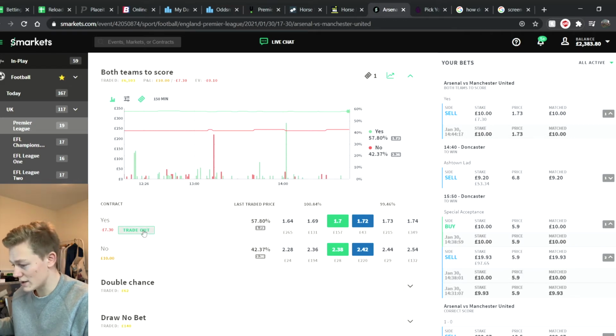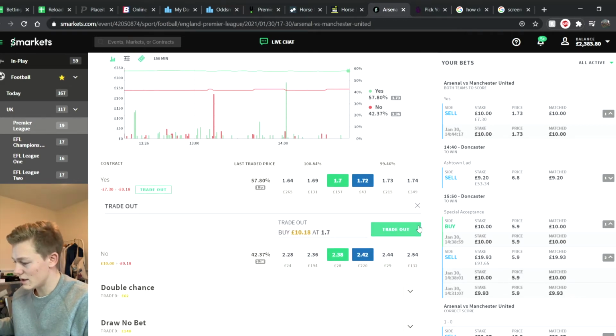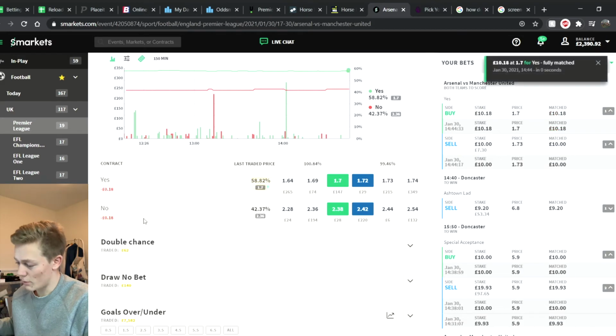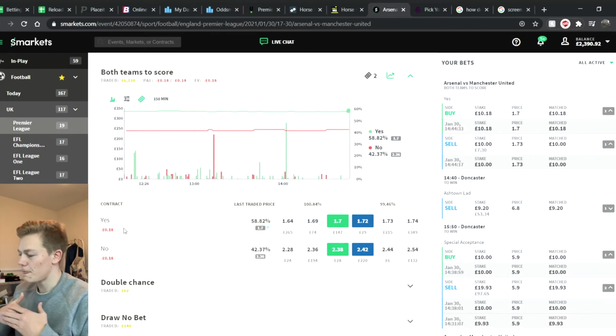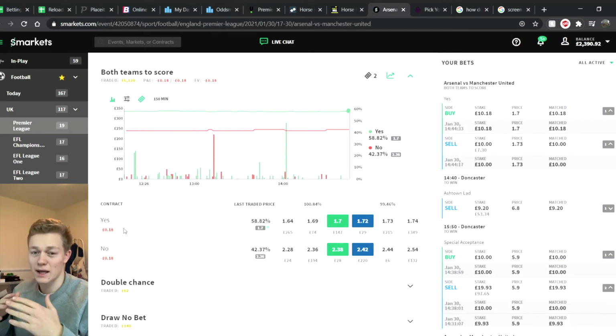If I was to trade this out now, we can see that this trade out price has given me an 18p loss overall. That means that the buy and sell price, so the back and lay price of both teams to score yes, has effectively given them a spread to make money on.